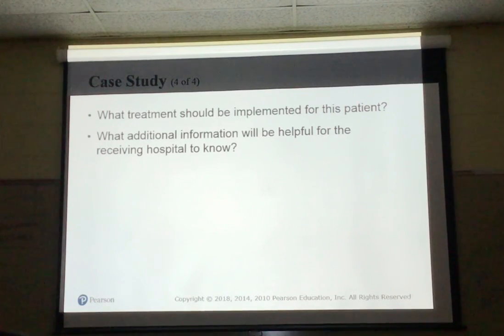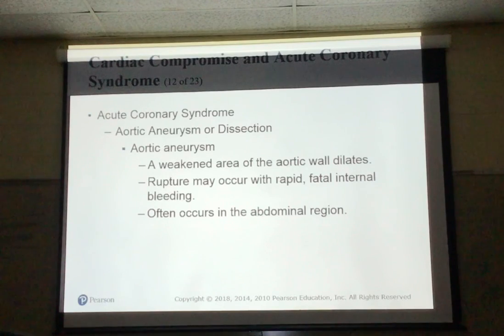It is a possible MI, and I like that you said that this is different than his normal angina, okay? That is a big, big thing. You can ask him, is this what it always feels like? Is this different? A lot of times you can get the information out of these people by knowing how to ask the question, alright? Okay, so let's take a little break here.